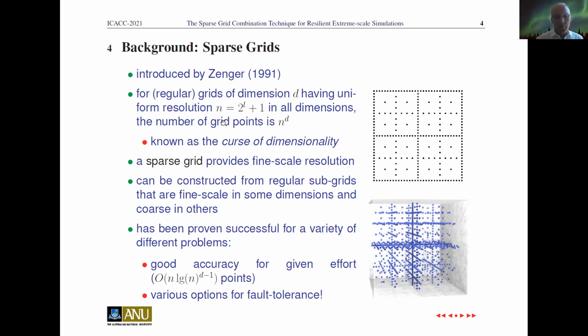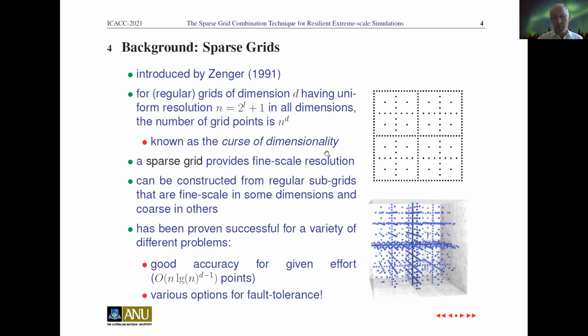Well, if you have the regular grids and you've got the power of 2 plus 1 number of points in each dimension, then you've got n to the d points in all your dimensions, and you cannot usually get very high d without this causing scalability problems. And this is known as the curse of dimensionality.